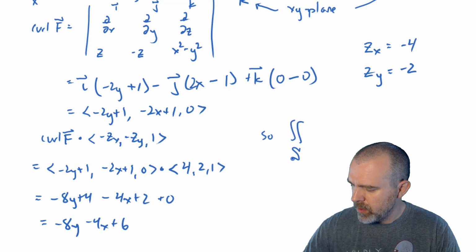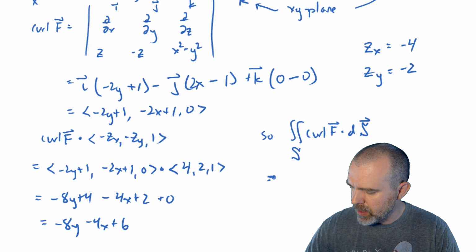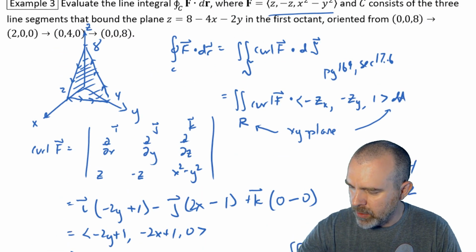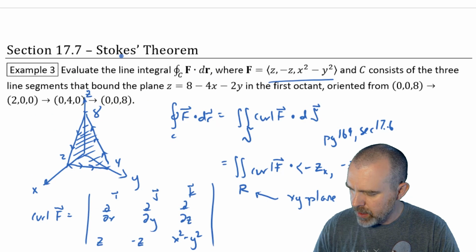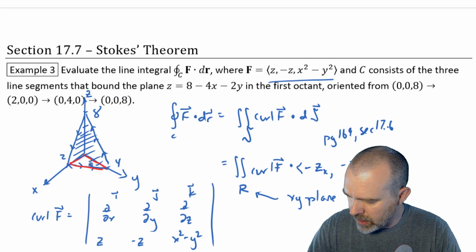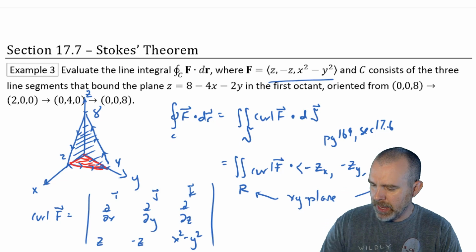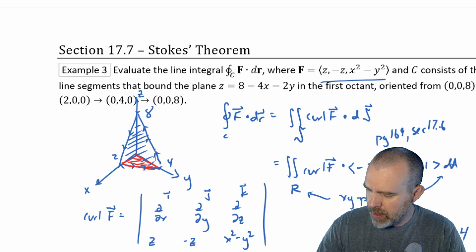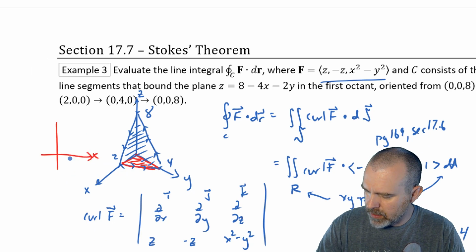So the surface integral of the curl of F dot dS becomes the double integral of negative 8y minus 4x plus 6 over the region. I think I need to do this in a different color. So the region here is the region in the xy plane. Let's go over to the left to do that. x is 2, y is 4.